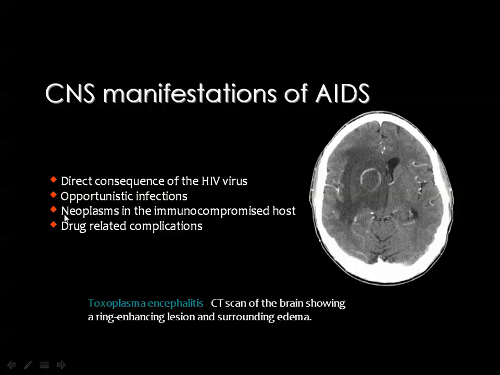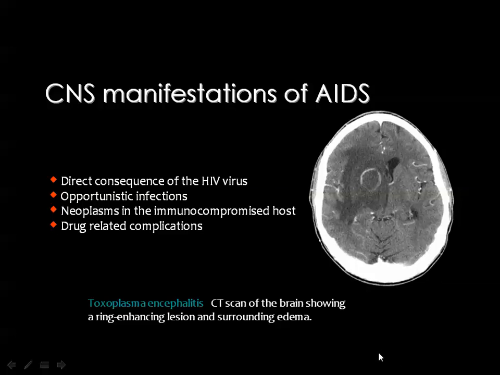Also, some neoplasms may occur, especially lymphoma, which is a well-known neoplastic lesion in immune suppressed patients. Also, drug-related complications. If you look carefully here, you see a lesion which is marginally enhanced, surrounded by an extensive area of perifocal brain edema.